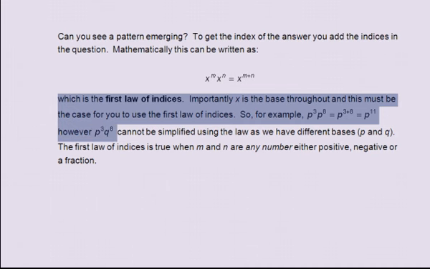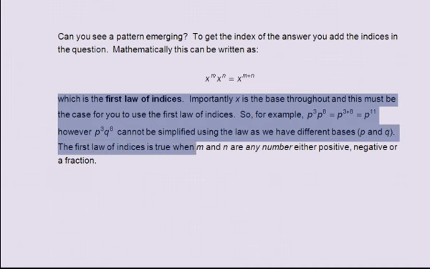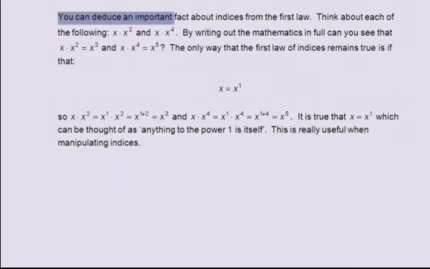However, p cubed times q to the 8 cannot be simplified using the law, as we have different bases, p and q. The first law of indices is true when m and n are any number, either positive, negative, or a fraction. You can deduce an important fact about indices from the first law.